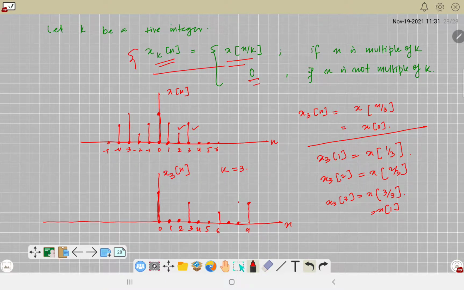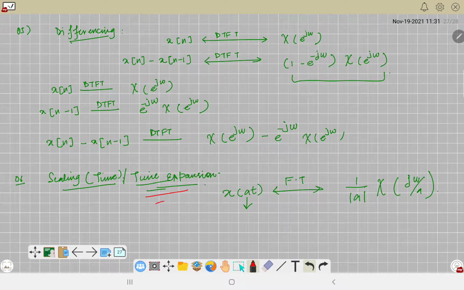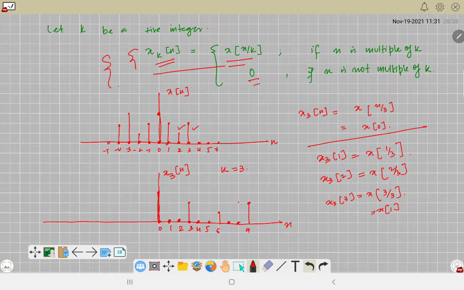I explained why we want this: if we lose our samples in the time domain, we can't have an exact frequency description in the Fourier domain, in the discrete time Fourier transform. So we express the time scaling operation using this expression, and that's why it's called time expansion, because we are spacing out our samples.